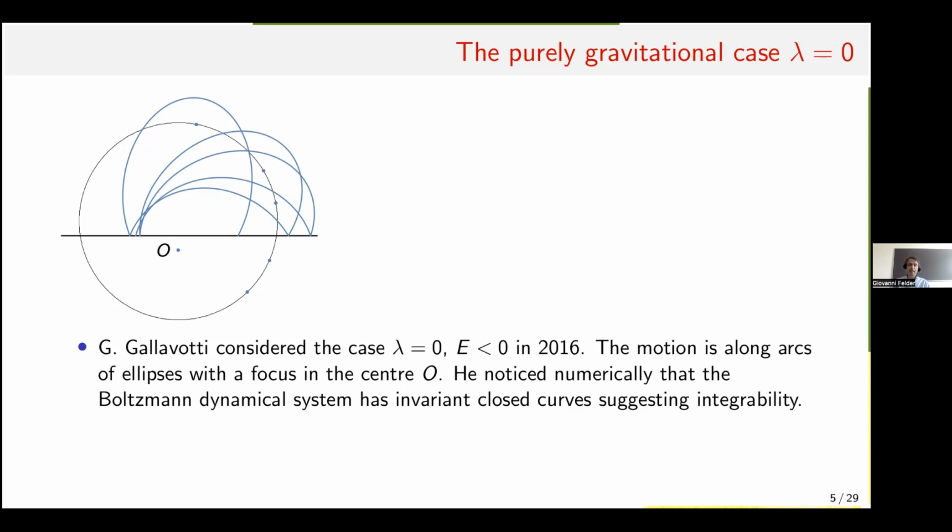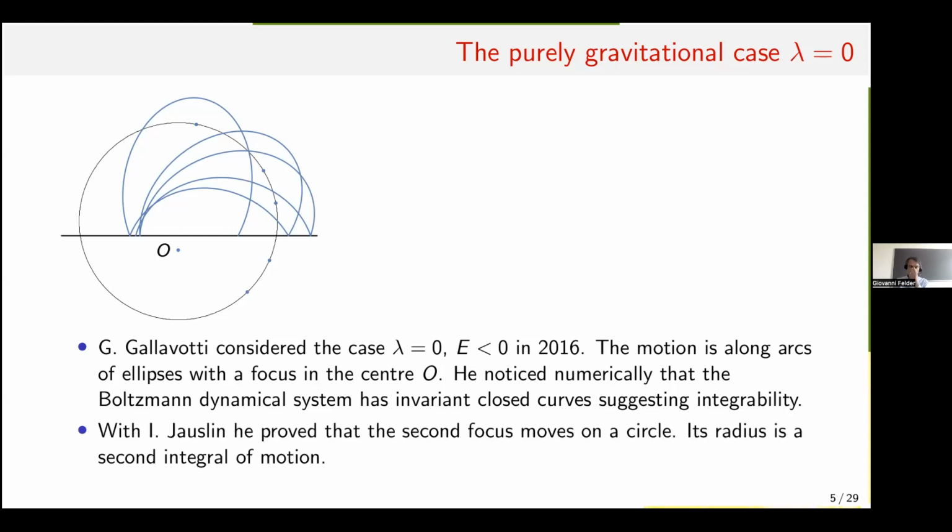And he noticed that actually this system is integrable. More precisely, he noticed that if you follow the foci of those ellipses, one focus is the origin, of course, and the second focus moves on a circle. And with Jauslin, he proved later that the second focus moves on a circle.